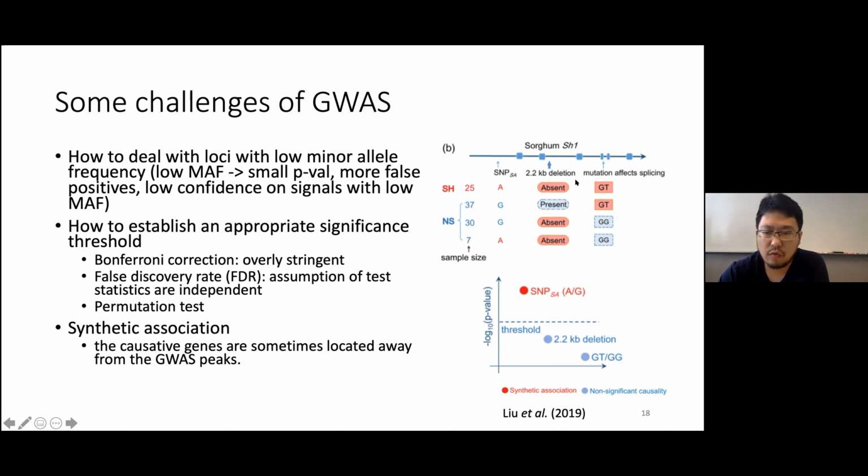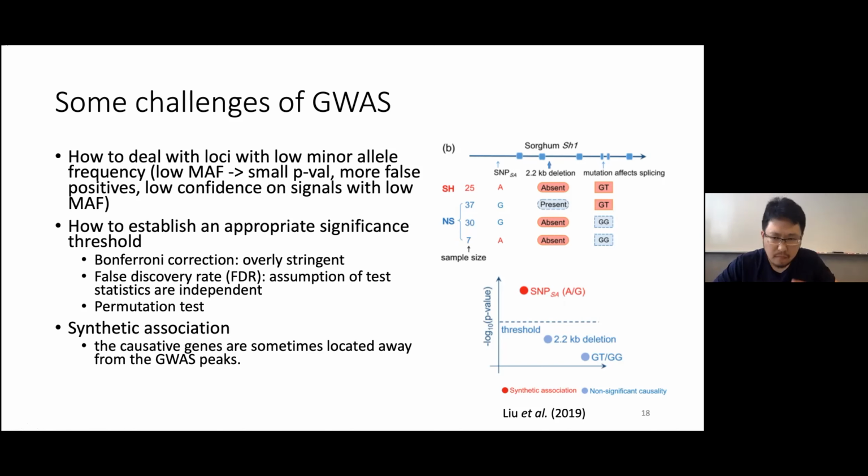But these two cannot be genotyped. And this SNP near this gene can be genotyped. And by performing an association, this SNP is actually detected as the SNP that passed the threshold we set up. But the real causal SNPs are away from this peak. So this is the phenomenon of synthetic association.